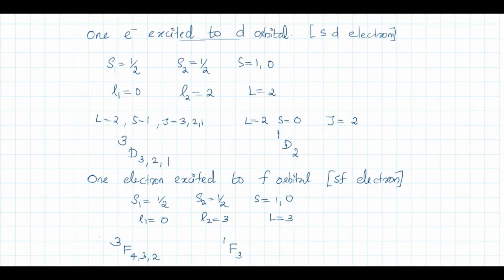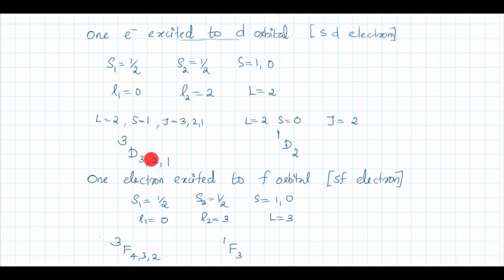The possibilities are S1 and L2, S0 and L2. Okay, so with the S1 and L2, J can have values 3, 2, 1. So the term is 3D. Why is it D? Because L value is 2. 3D3, 3D2, 3D1. When L equal to 2, S equal to 0, it is 1D2. J has only one value.